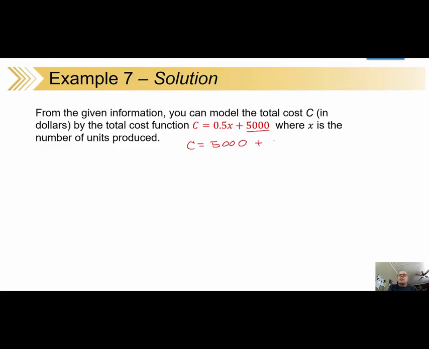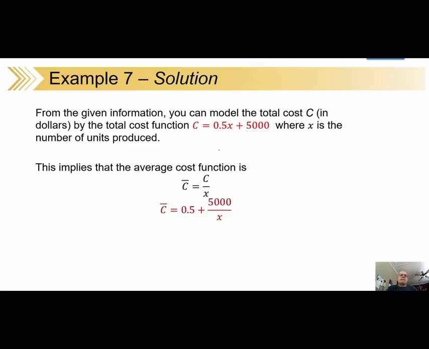Plus, for every one of those pens, you're going to have to pay 50 cents to make that pen. So if you make 7 pens, 7 times 50 cents, plus the $5,000 that you have to pay because of the machine, or whatever the fixed costs are.